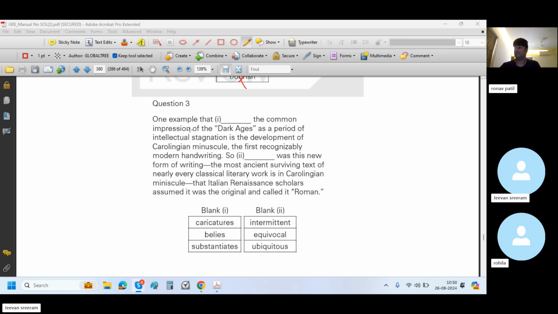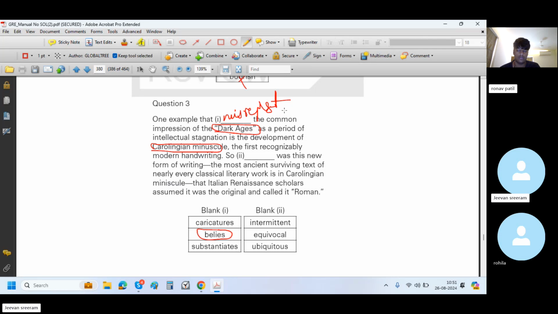So please observe, this period was named the Dark Ages, but there is a development. So the name is wrong, wrongly given. Wrongly represented, that is belies. Misrepresent.